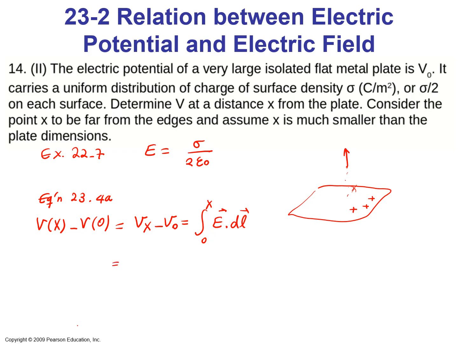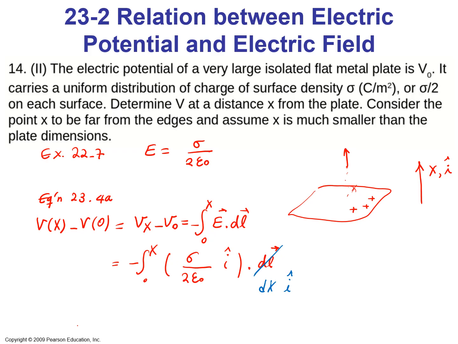And we can say that is equal to minus, I forgot the minus here, the minus integral from point 0 to point x of the electric field, which is sigma over 2 epsilon naught, and it's along I direction, let's call it x direction this way, I hat, dotted with dl, and dl is also along x direction, so we can substitute this with dx I hat.